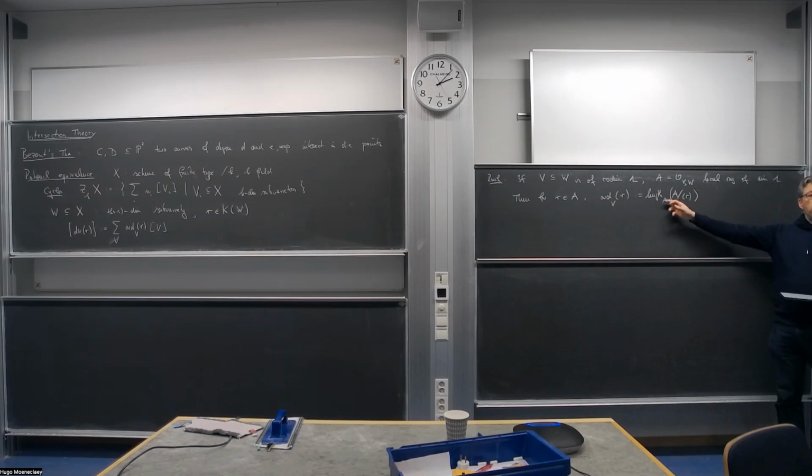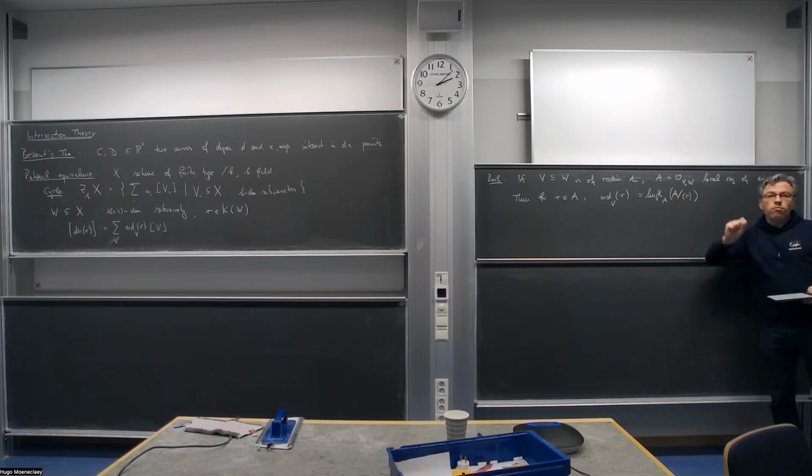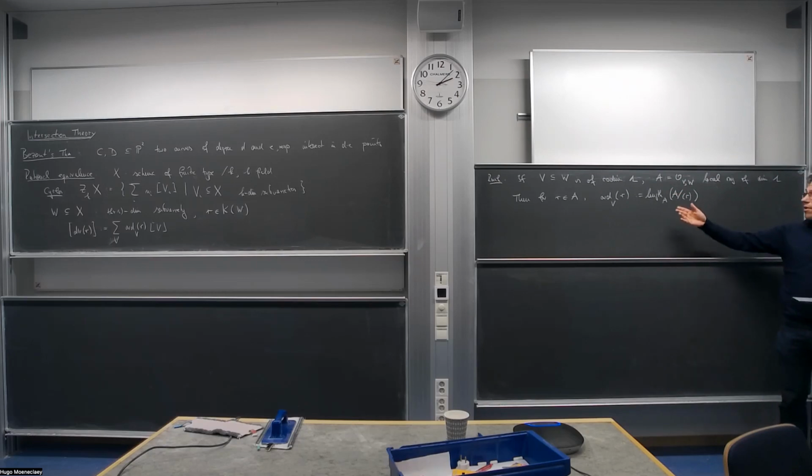The length of a module is the longest sequence of submodules we can get. And in case A is a principal ideal domain, one gets back maybe better known versions of the vanishing order.